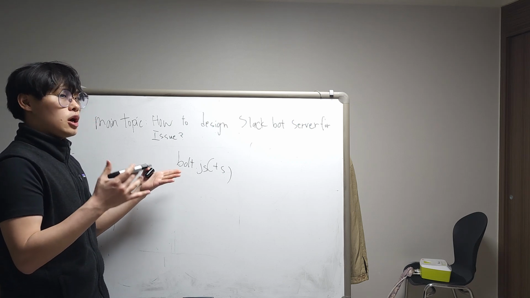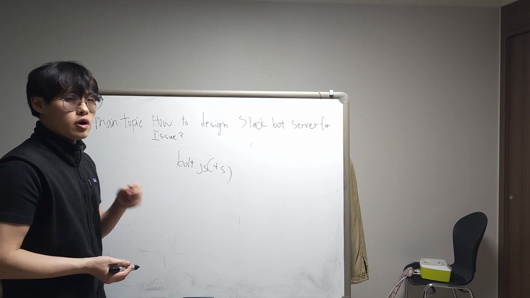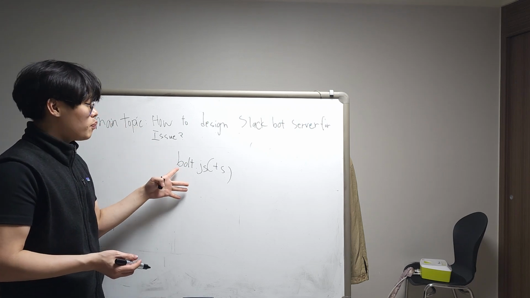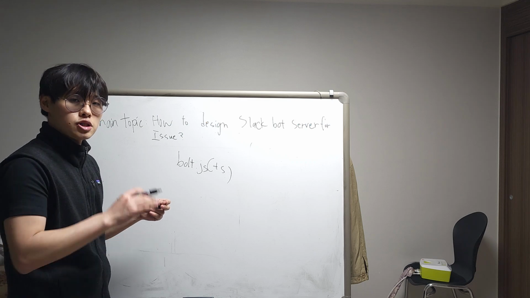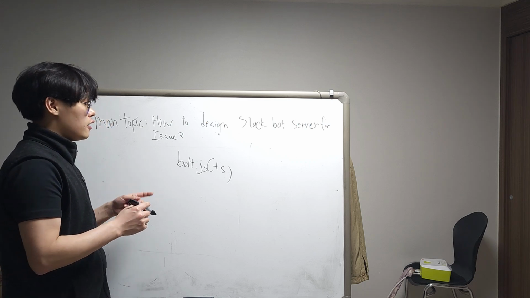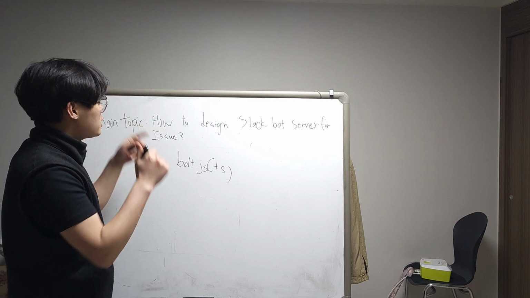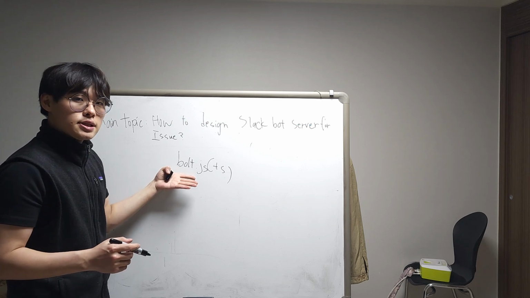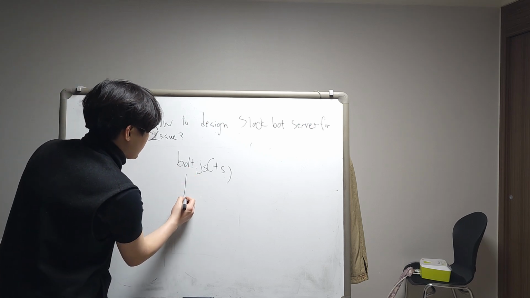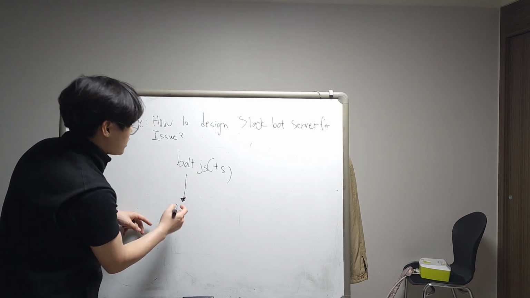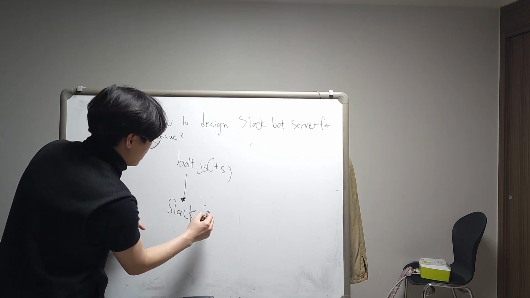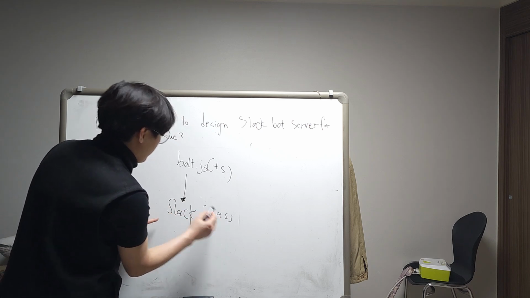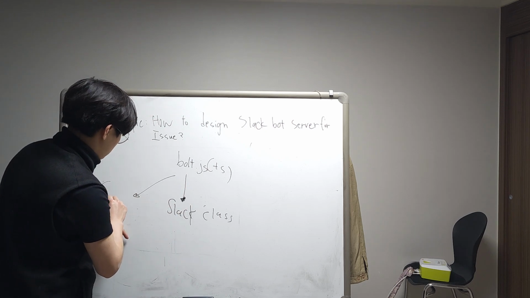So you don't have to care about API calls or the traffic, because this server is just for events. Even GitHub is for events, because a GitHub webhook is an event. So what I did was make a Bolt.js app, and based on that, I made a Slack class and a GitHub class.